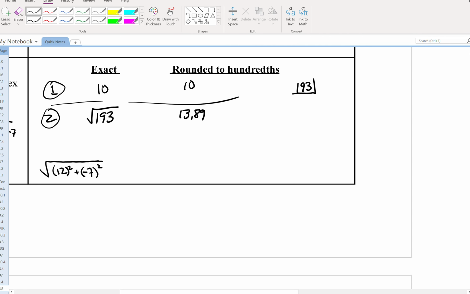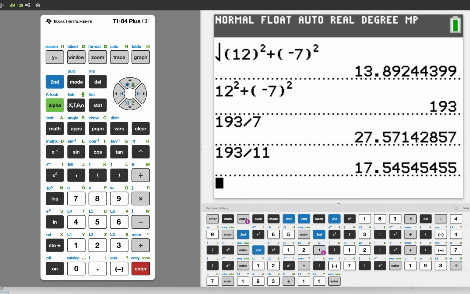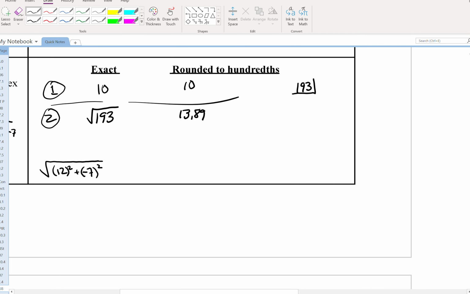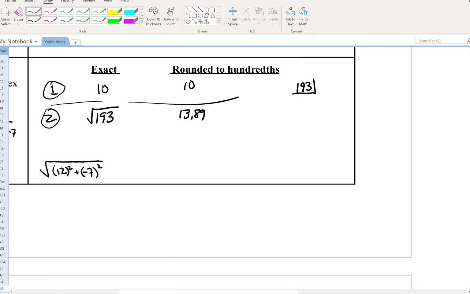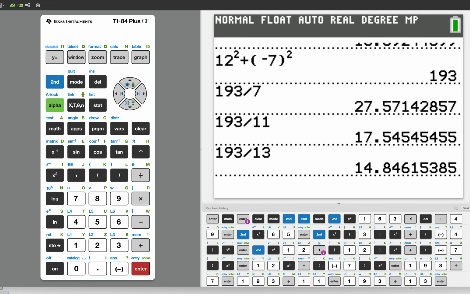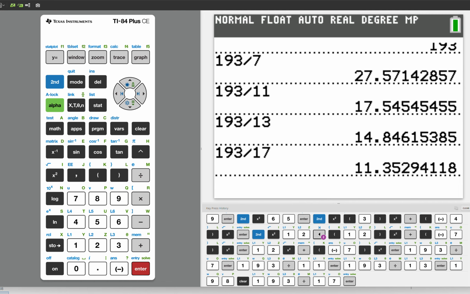Let me see. The next one is 11. Pretty sure it's not divisible by 11. Once again, 193 divided by 11. Get a decimal. 13, maybe. 193 divisible by 13. Nope. The next prime number after 13 would be 17. So if I say 193 divided by 17.